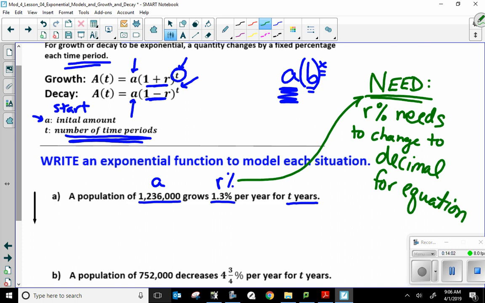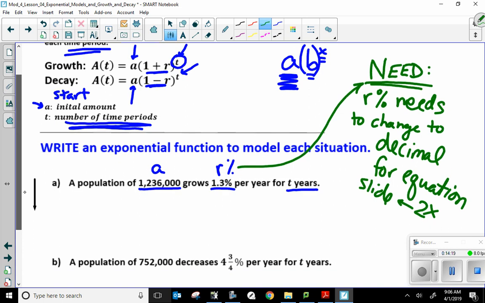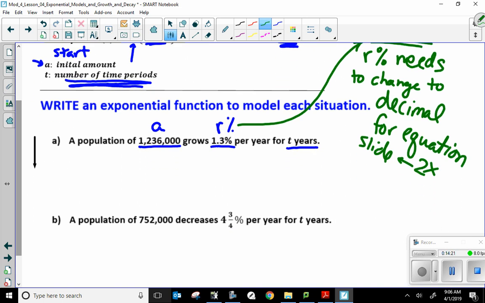And how do we do that? Slide left 2 times. If you want to write left and then the word 2, then times, so you don't confuse that 2 and x, go right ahead. If my rate is 1.3%, this goes 1, 2 to the left. Here's the decimal. Any empty spaces get a 0.